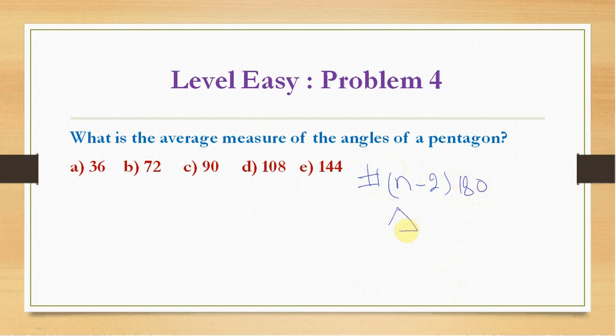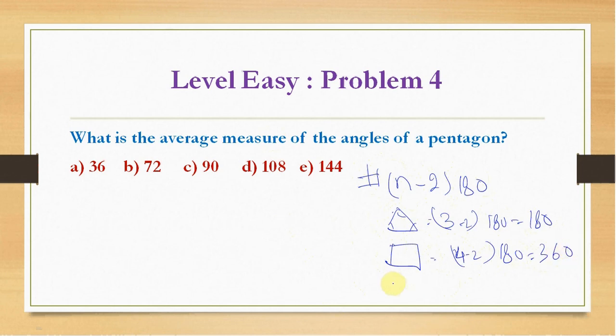So in case of triangle, the sum of all the three angles is simply n is 3, minus 2 times 180, is 180. In case of a quadrilateral, this becomes 4 minus 2 times 180 is 360.